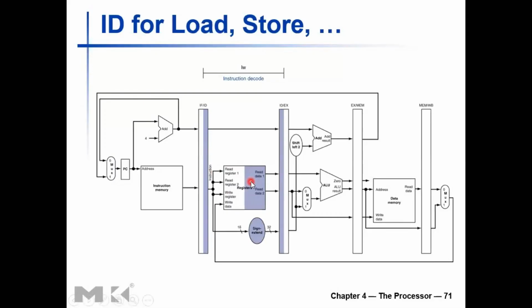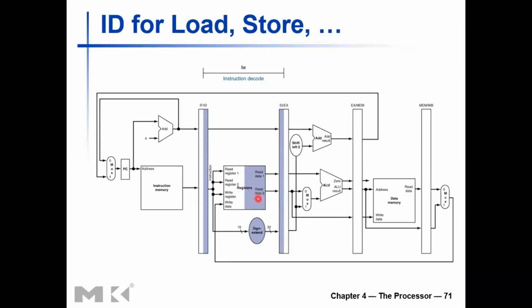If this is a load instruction, we only need the first register operand, that is the base register value. The second one we will be discarding in the next clock cycle anyway, right? So that is the major component that consumes time in the second stage, the instruction decode and register file read stage. The register file will consume the major time.